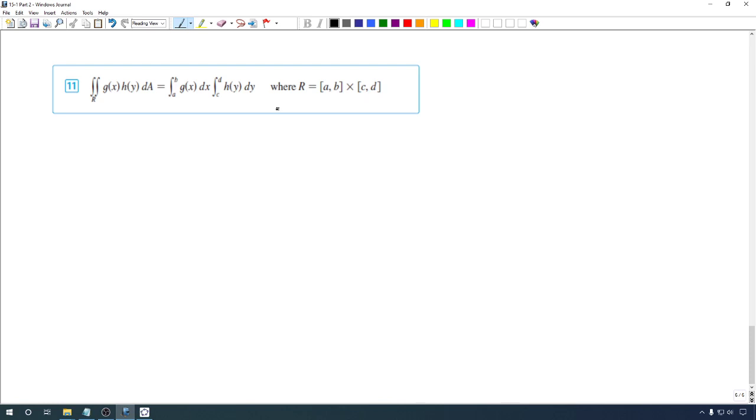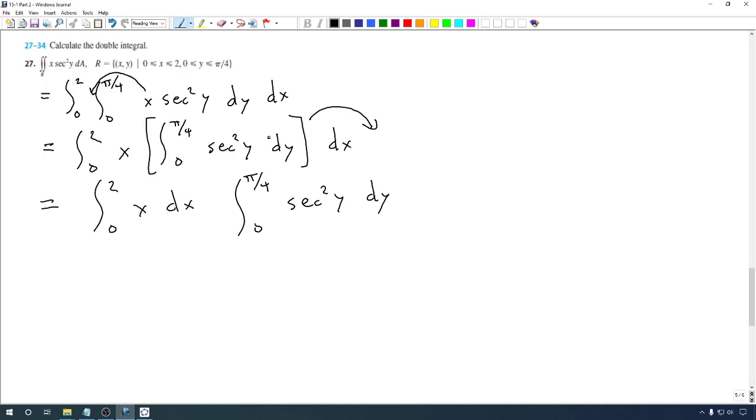That's something that you might want to look for if you can. It's definitely not going to happen all the time, but if it does happen, if we can split up our integrand into a product of two functions that do not share a variable, then just roll with it. You don't have to do all of it all at once if you don't want to.